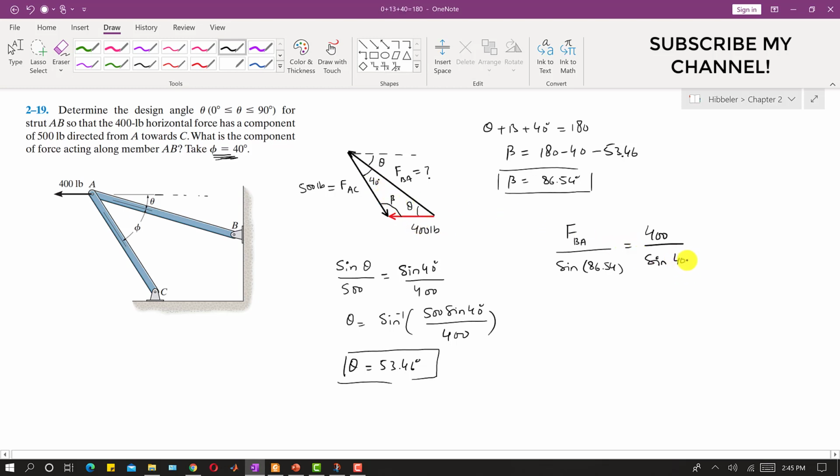So we can write this sine of 40. So then this component FBA is equal to 400 sine of 86.54 degrees divided by sine of 40. So this will give us the component of the force along AB. So this comes out to be 621.15 pounds, right? So this is the solution of this particular problem.